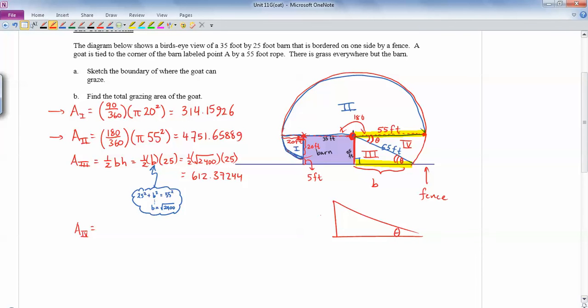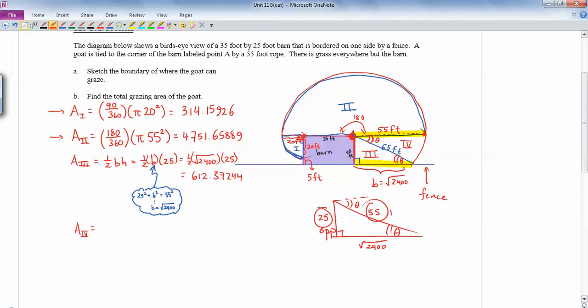So if I draw triangle 3 by itself here, here's theta. This is 25. This is 55. We know this is also root 2400 down here. The angle that we really want is this one right here, but that's also theta. So if I solve for theta using the triangle, then I know my central angle. Let's use the 25 and 55 because those are nicer numbers.